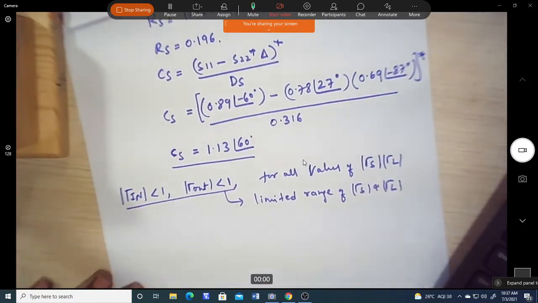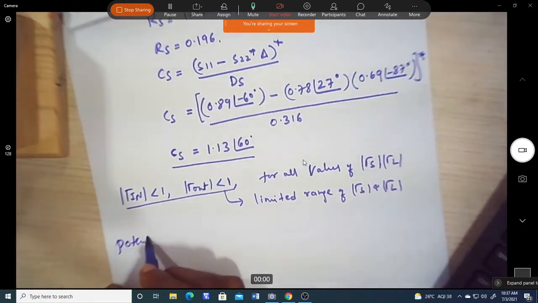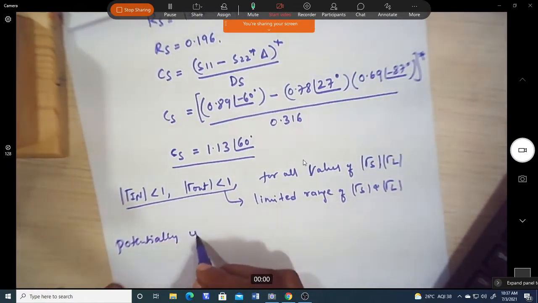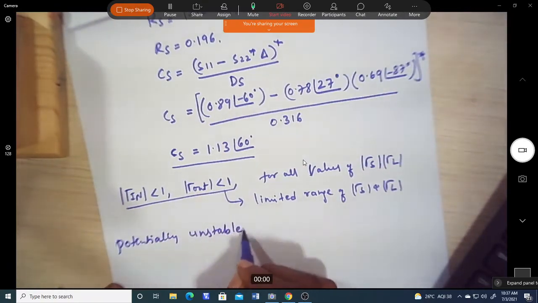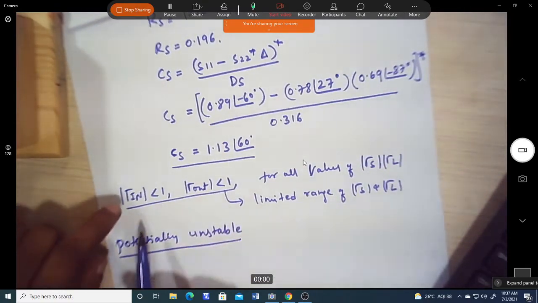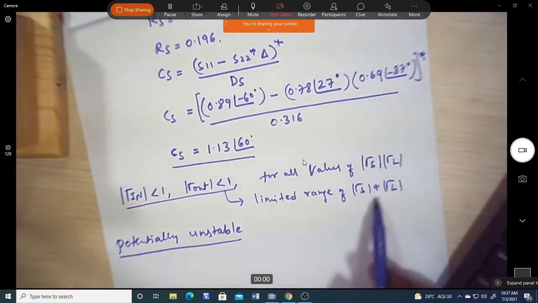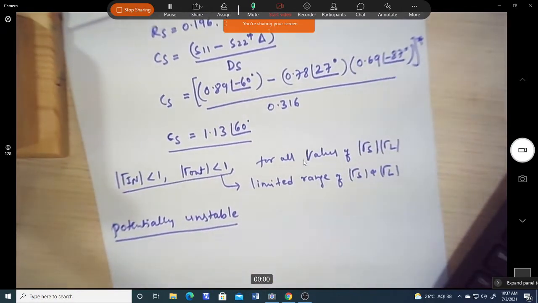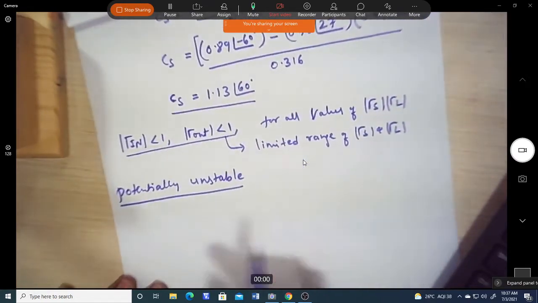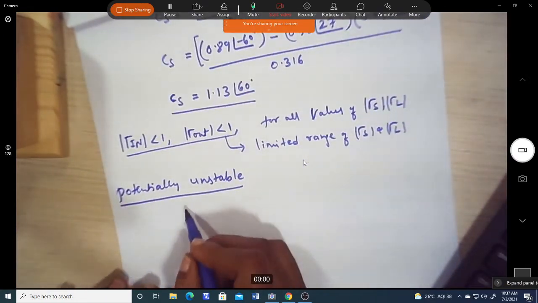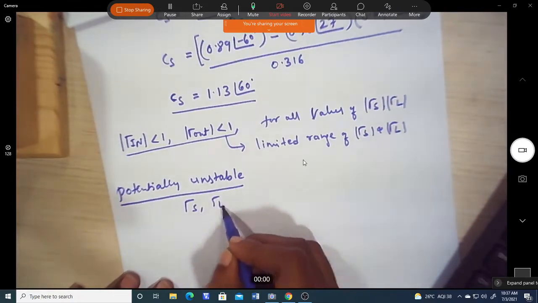So in the potentially unstable case, gamma in and gamma out are less than 1 only for a limited range of gamma s and gamma l. For example, if in some design we have chosen gamma s and gamma l.